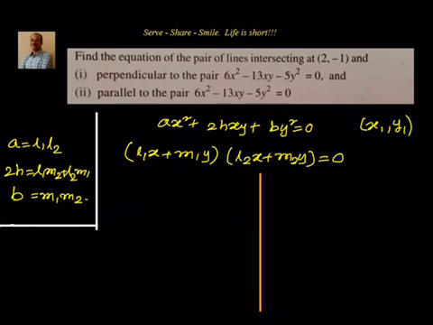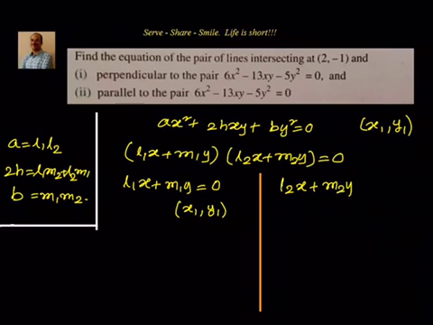Let's try to find out the lines perpendicular to the two different lines. First we want a line which is perpendicular to L1x plus M1y equal to 0. It should also pass through the point x1 comma y1. Similarly, we want a line which is perpendicular to L2x plus M2y equal to 0. It should also pass through the point x1 comma y1.